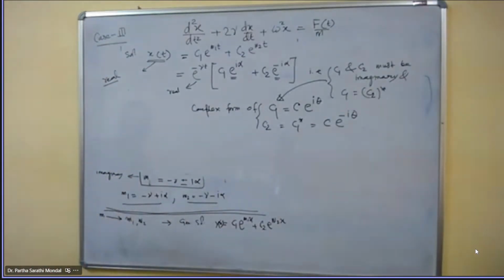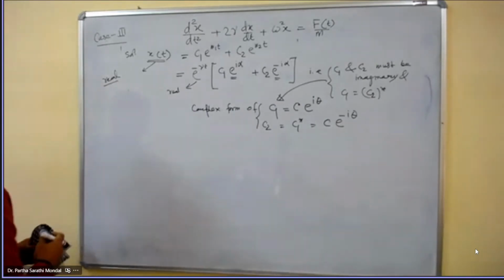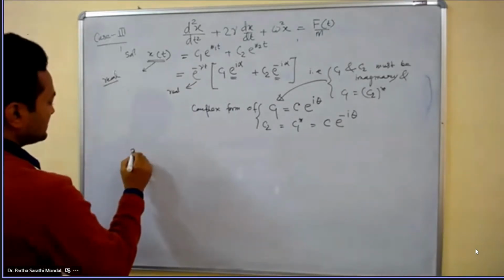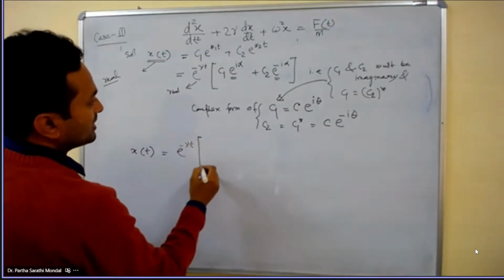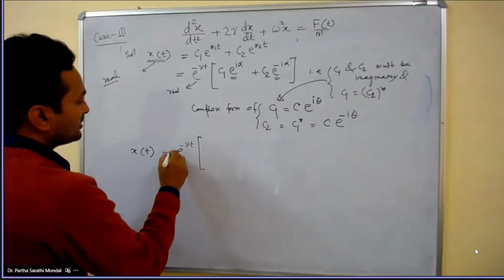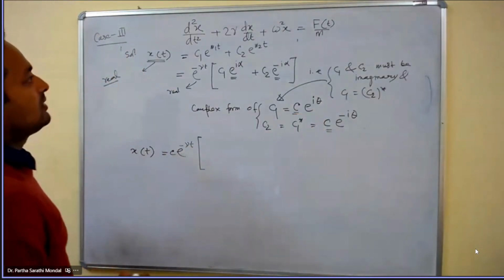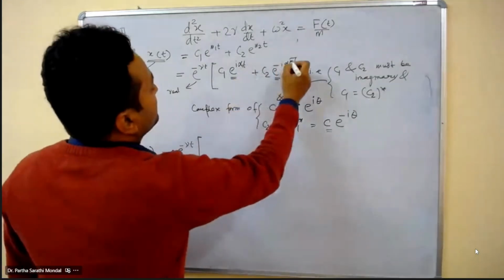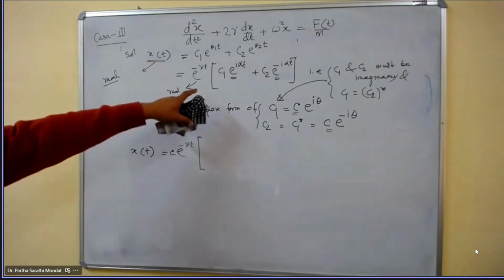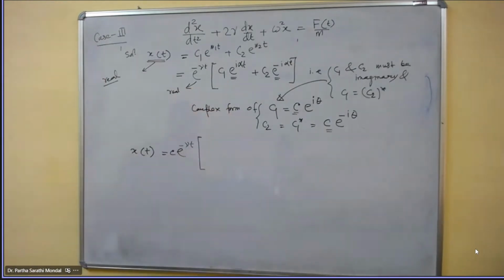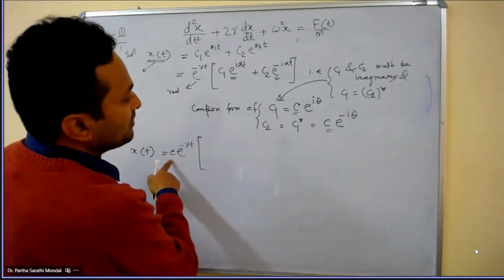So now we put the value here. Your x(t) will become e to the power minus gamma t. What is the value of C1? So r will come out, because in both terms we have r. Also alpha t is there. If we put the value of C1 and C2 here, r will come out.